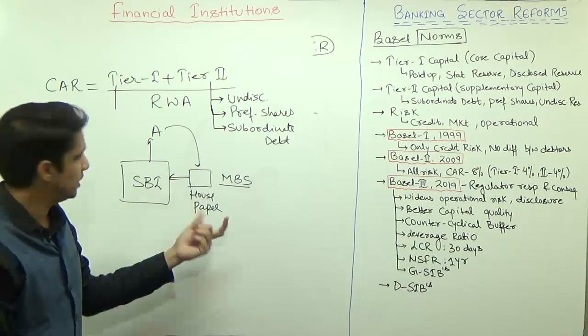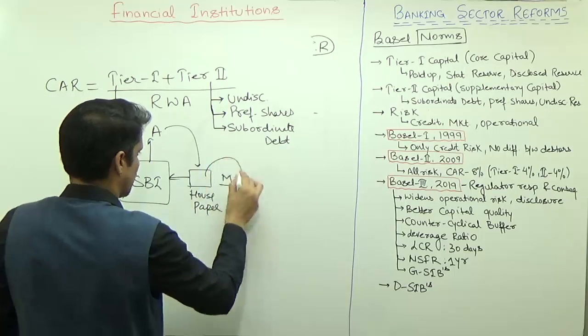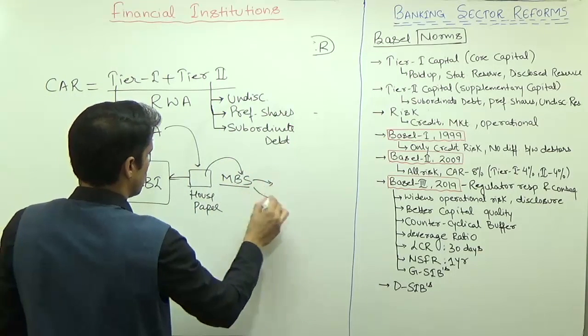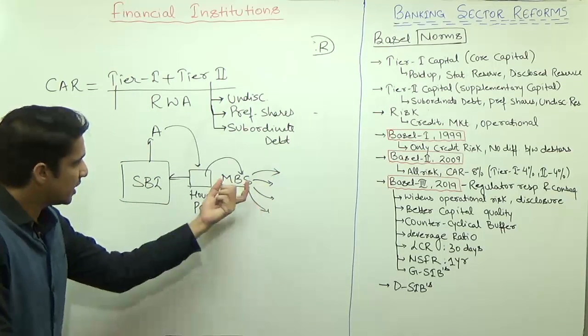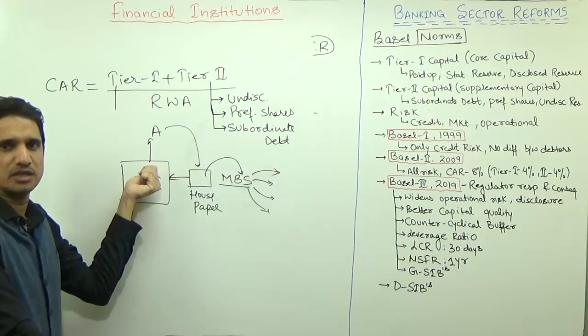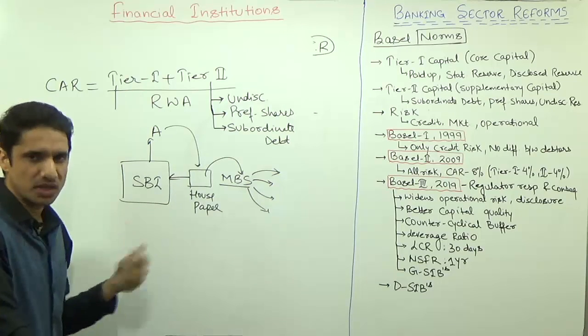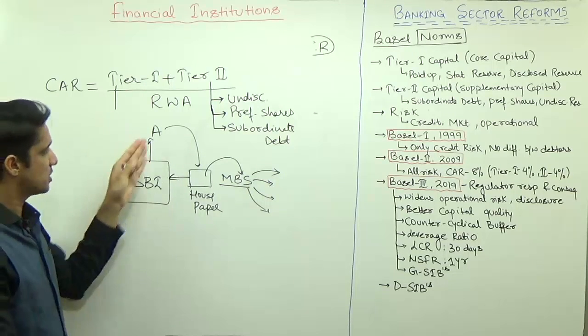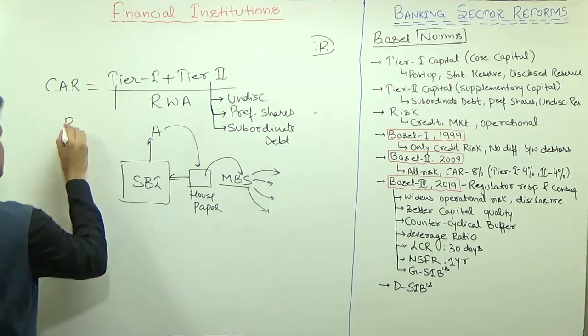On the basis of these house papers, you have created a mortgage backed security which you have sold to somebody else. So this mortgage backed security will be the example of subordinate debt. When you liquidate anything, the order of preference will be: first the normal debt, whoever is the bondholder.